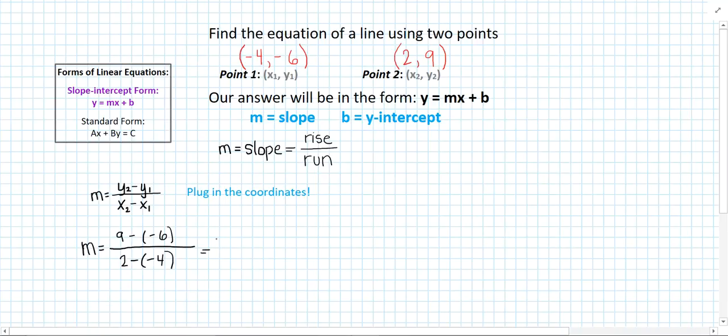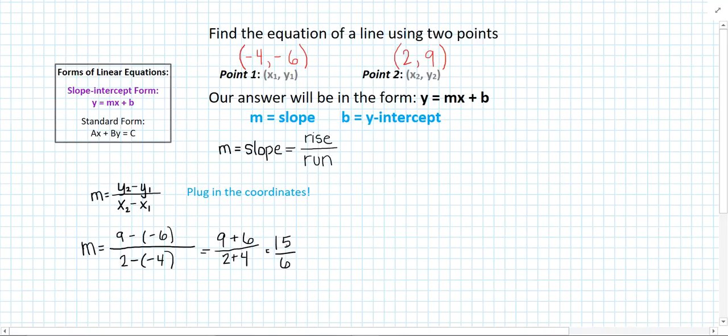And simplifying that, 2 negatives becomes a positive, so 9 plus 6 over 2 plus 4, and that gives us 15 over 6.